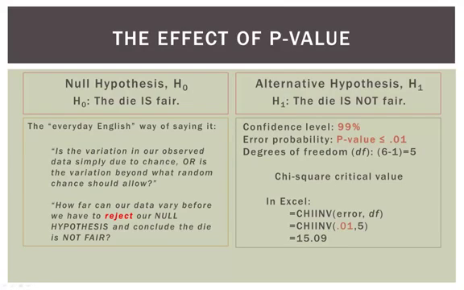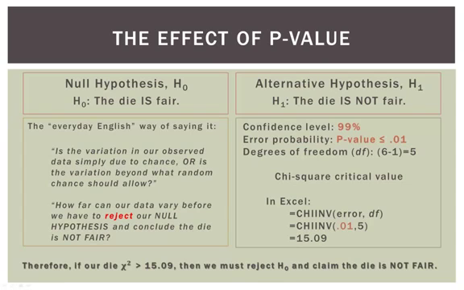Now it's over 15. So you can see that it requires much more variation to go over that threshold because we've picked such a strict p-value. Therefore, if our die chi-square is greater than 15.09, then we reject our null and claim the die is not fair.